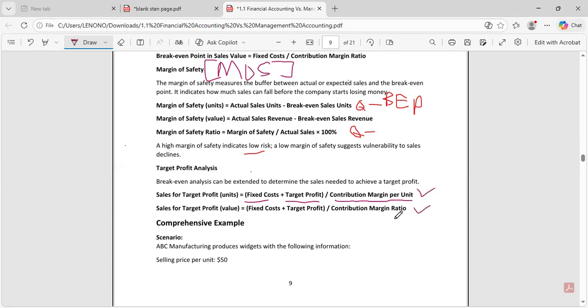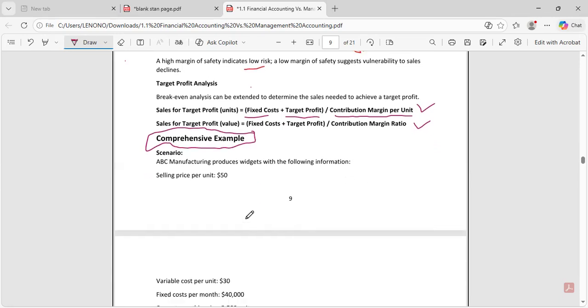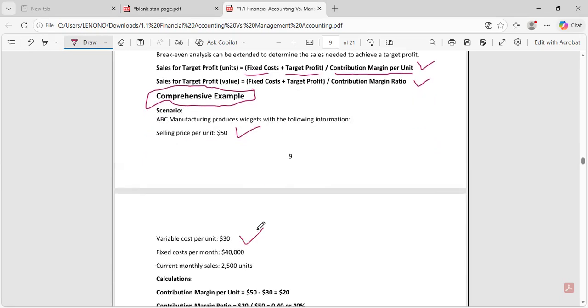So we can wrap up with a comprehensive example on the CVP analysis. ABC manufacturing processes widgets with the following information. Selling price is 50. Variable cost is 30.